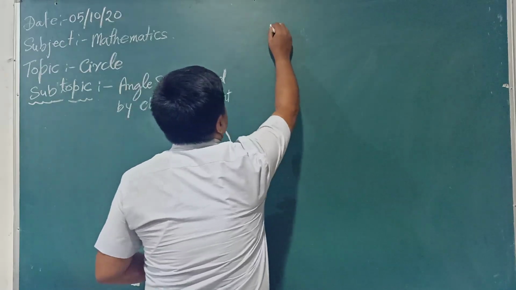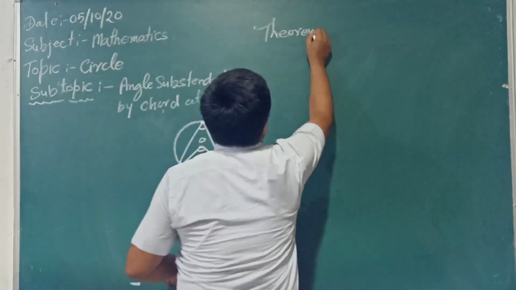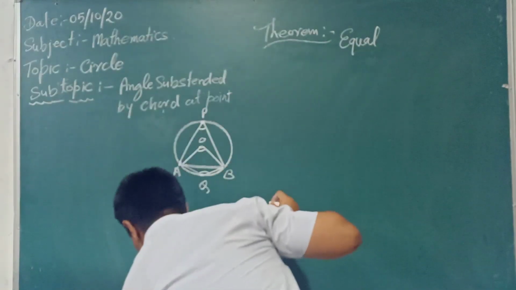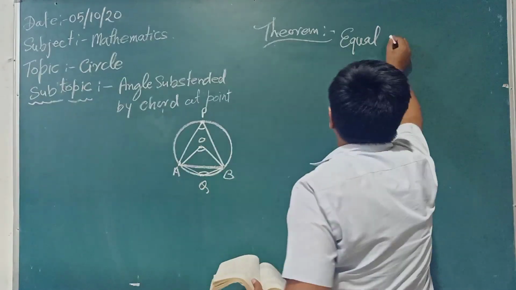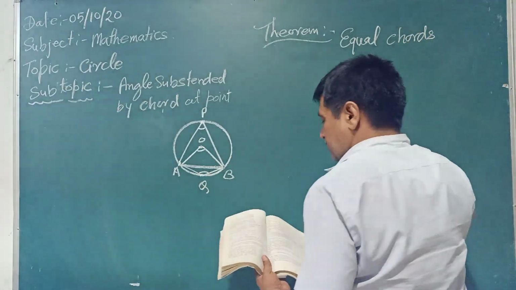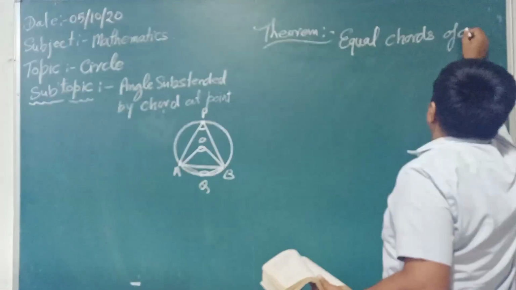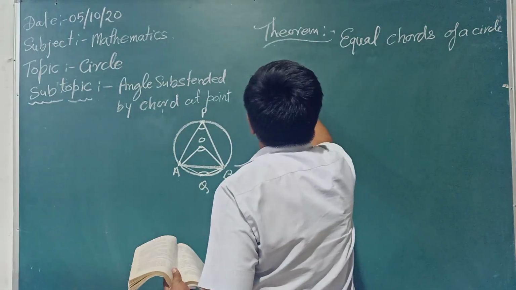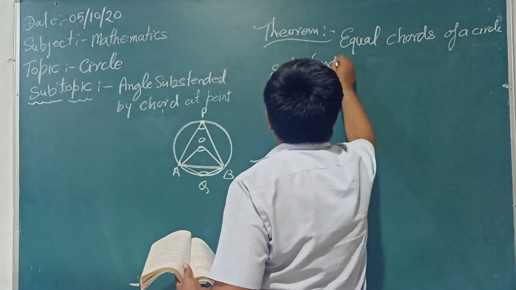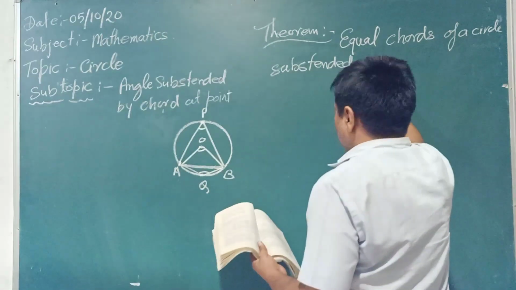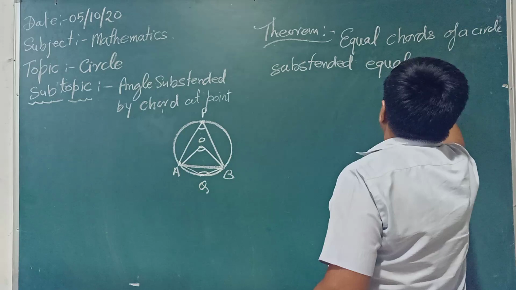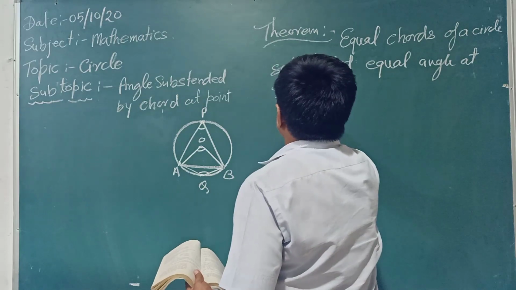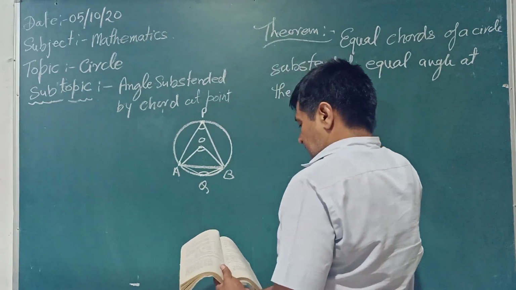Now theorem: equal chords of a circle subtend equal angles at the center.